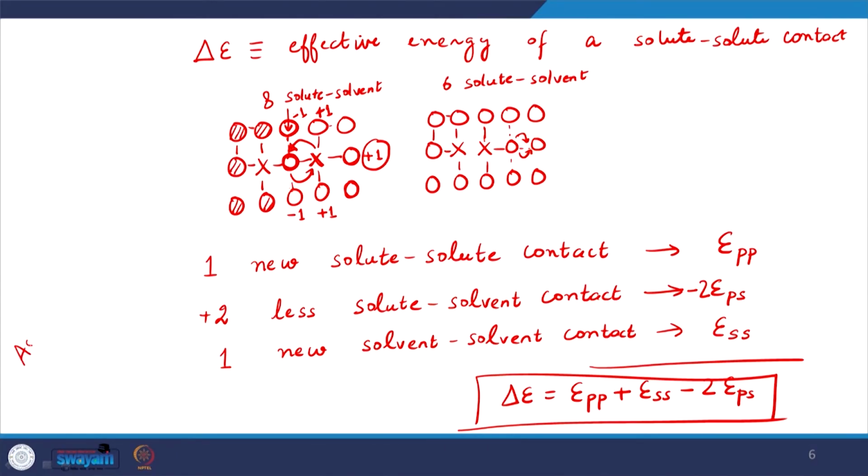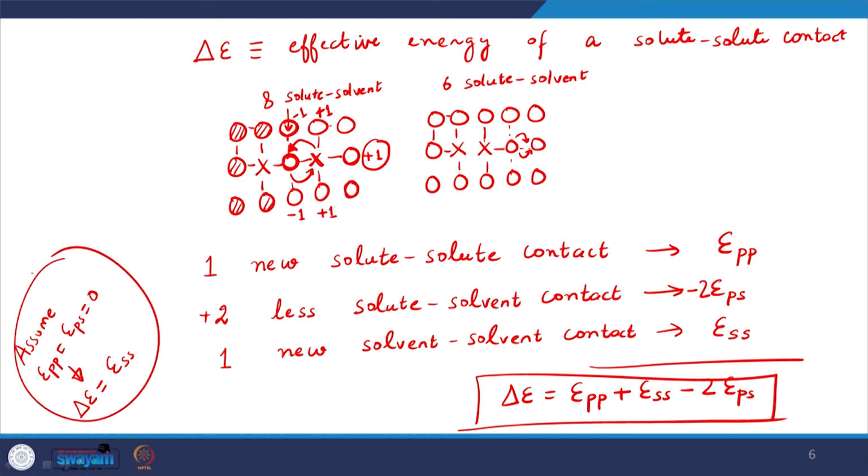Let us take an example. Let us imagine that my epsilon PP and epsilon PS are equal to 0. Now, in this particular case, what are we going to have? In this case, delta epsilon is simply epsilon SS.